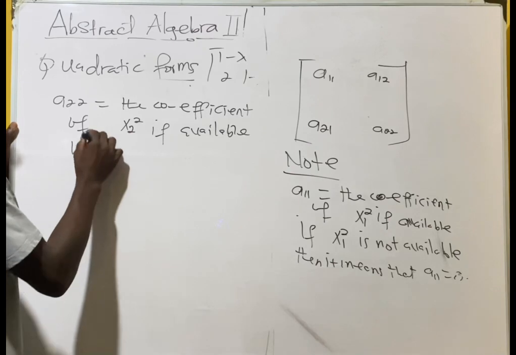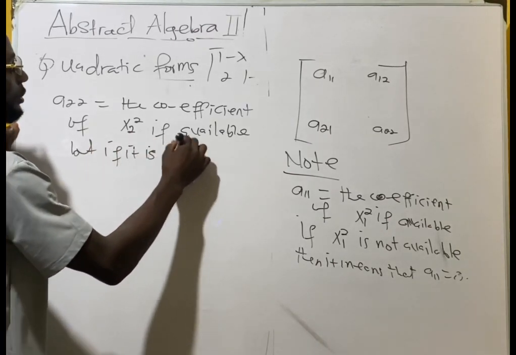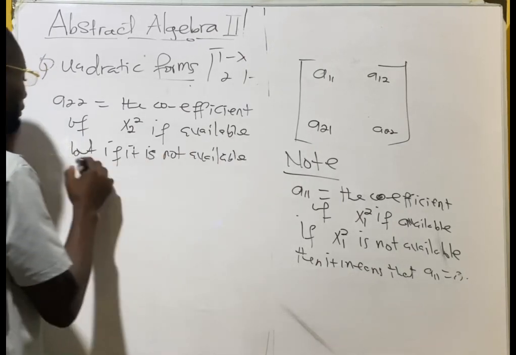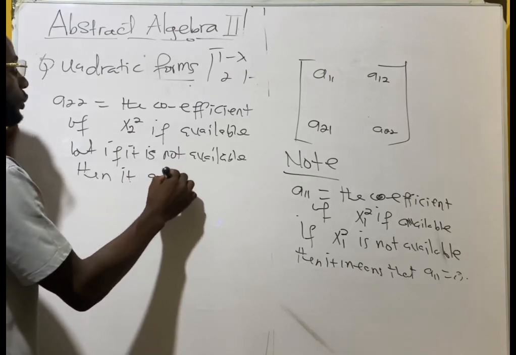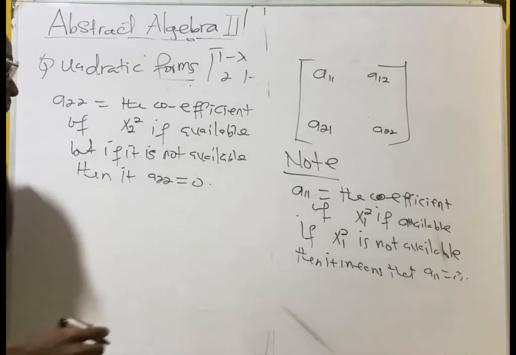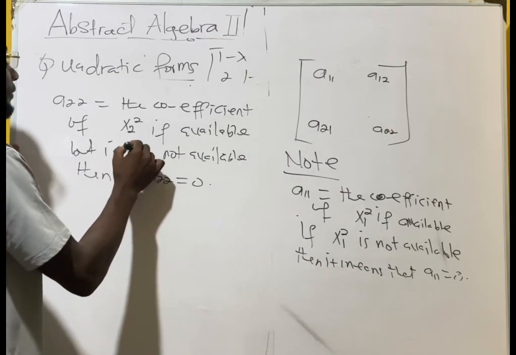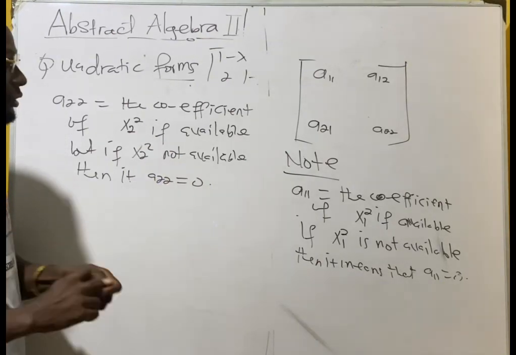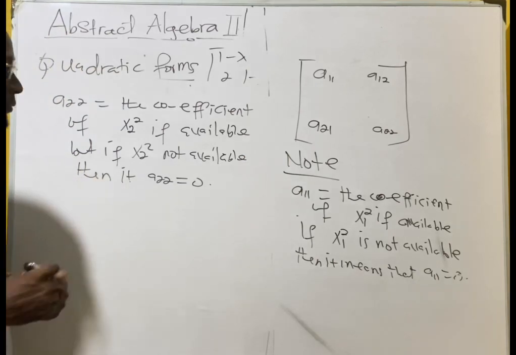But if it is not available, then A22 is equal to 0. Right? If x2 squared is not available, then A22 is 0. Get the point? Okay.